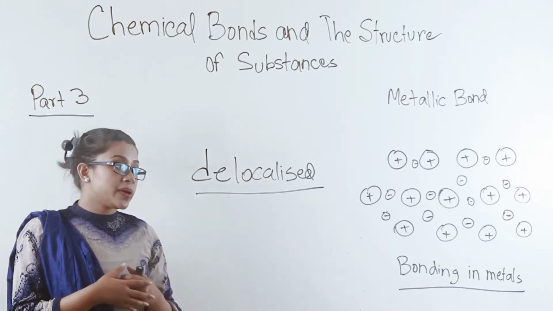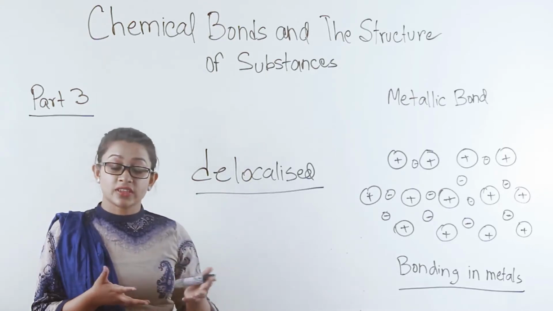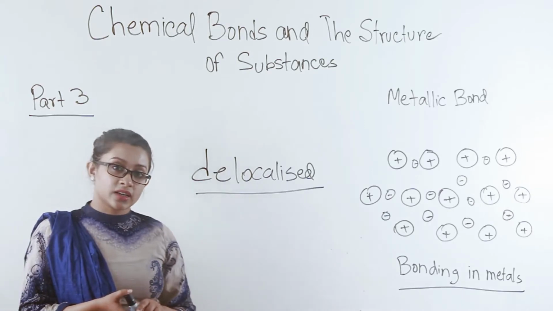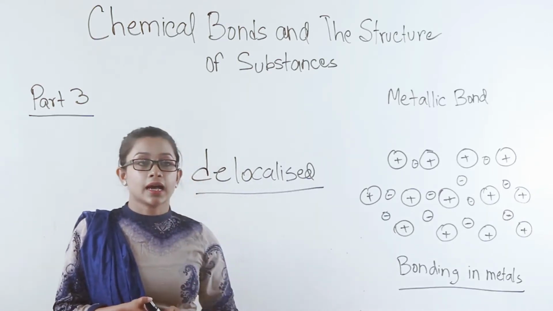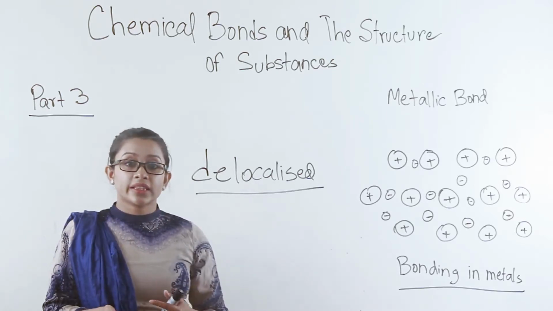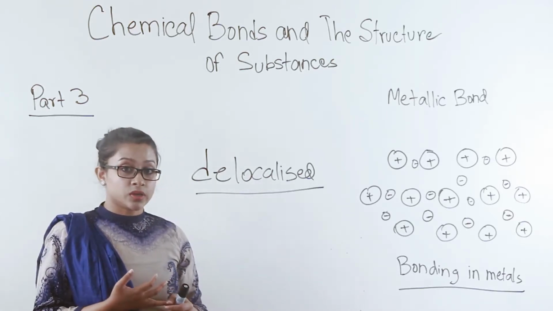Now, what is the advantage of having a sea of electrons? When we were discussing ionic and covalent bonding, we said that ionic compounds conduct electricity only when they are either molten or dissolved in water.